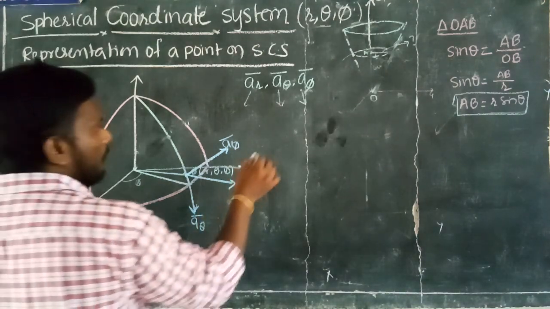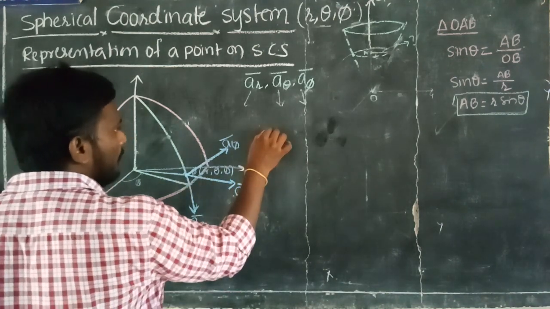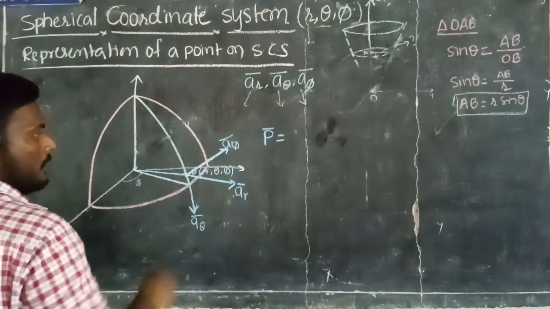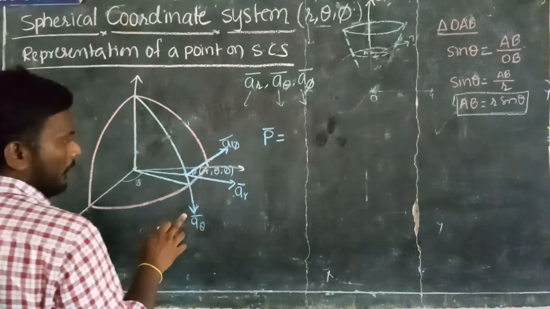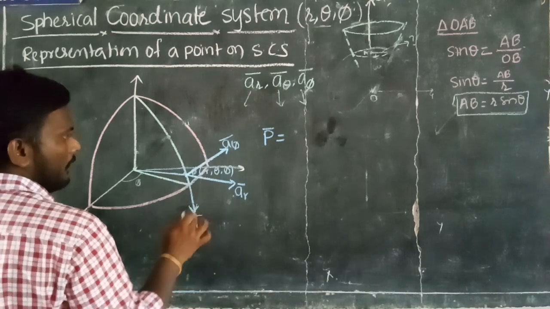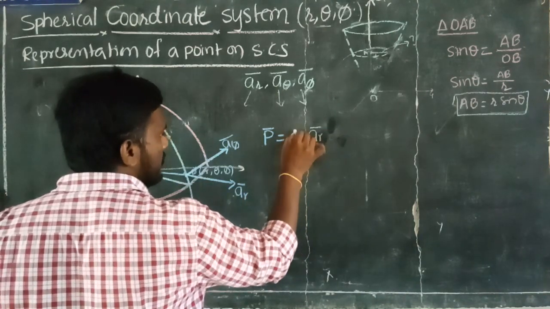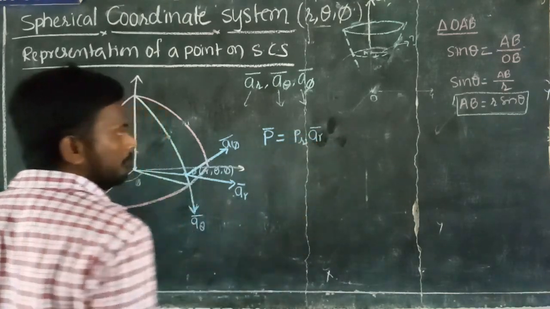So in the next step, how can you write the position vector at this point P? It is the summation of your base vectors. How many base vectors are we having here? A_r, A_theta, A_phi: 3. So I am first drawing A_r bar, which has a magnitude of PR.